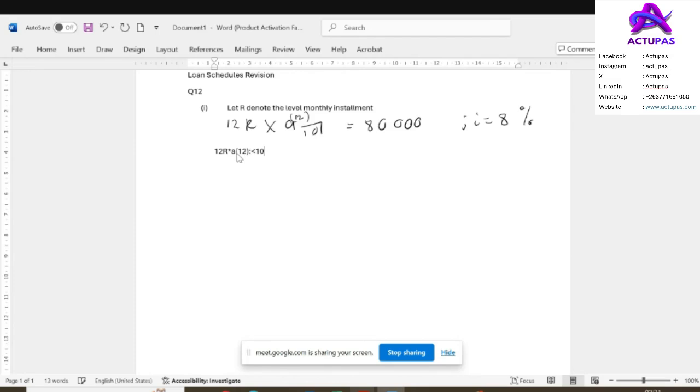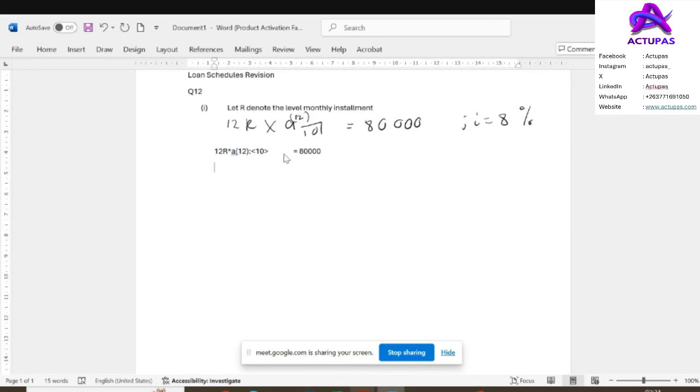The 10, which is the period, would be in these type of brackets to show that this is a period, and this is equal to 80,000. If you go to your tables, you can find a 10.